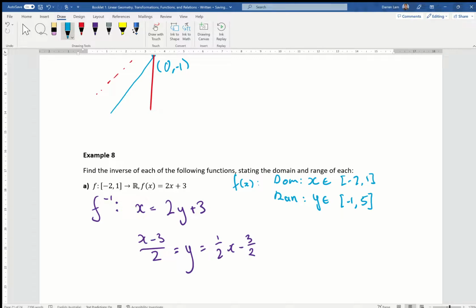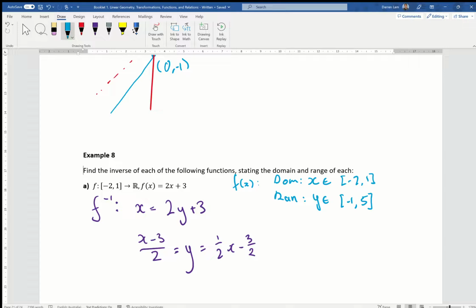Please note that in this case, because it's a linear equation, I don't have to worry about whether there are turning points in the middle. If I give you a parabola and I restrict the domain, it's really important that you find where the turning point is, because that might be where your maximum or your minimum range is. But in this case, nice and easy, linear, let's move on.